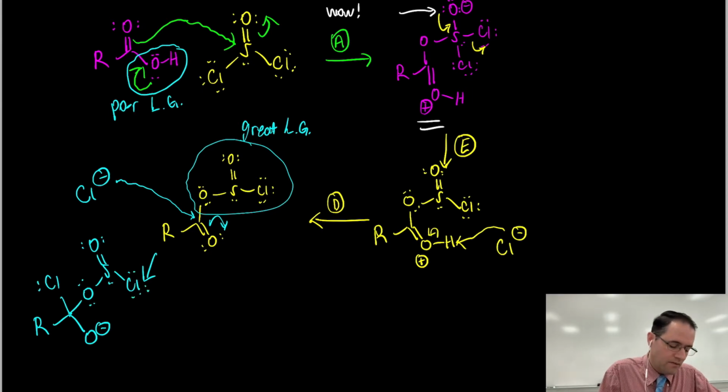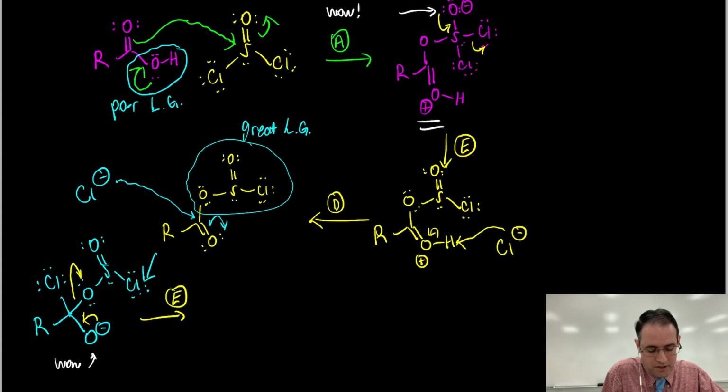Okay, so we have this tetrahedral intermediate here, and again we have this negative charge on the oxygen. Okay, and what we want to do now is to kick off the leaving group. So this is going to collapse, and we're going to form, through an elimination process, the acid chloride.